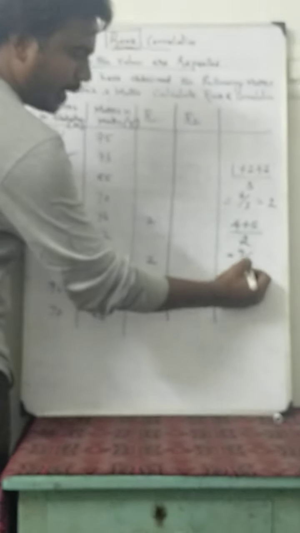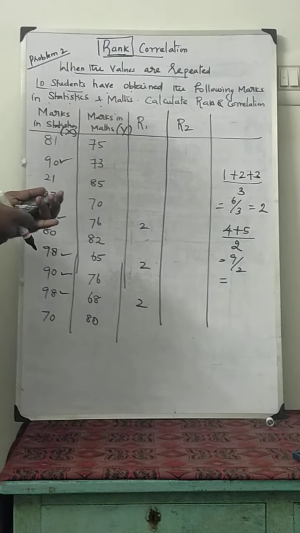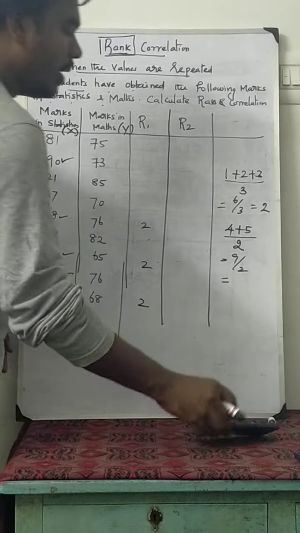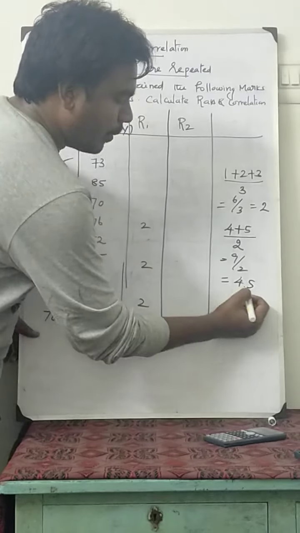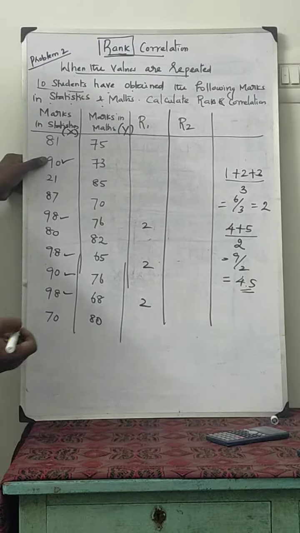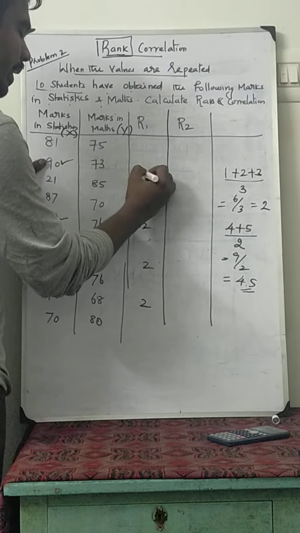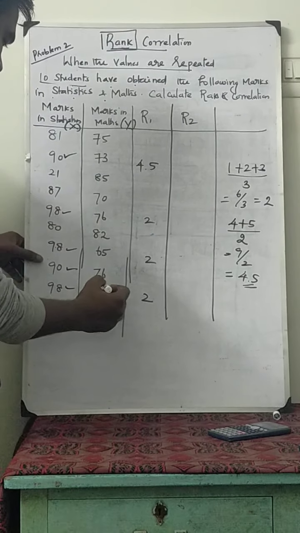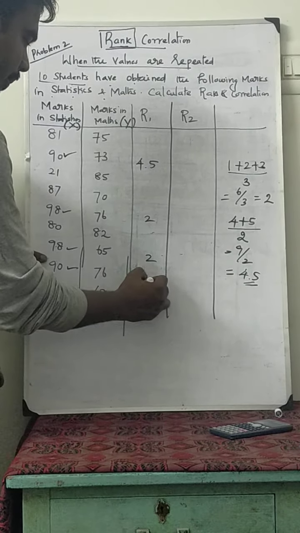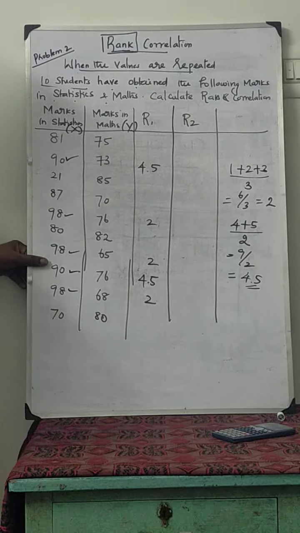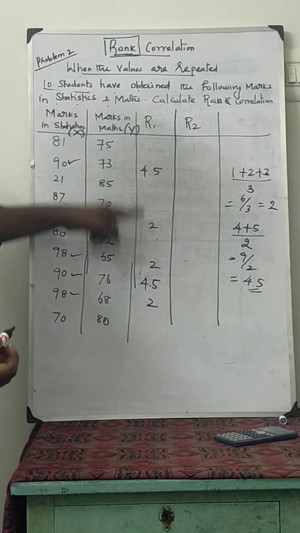So 9 divided by 2 gives 4.5. So 4.5 is the rank we assign for 90. Now we have assigned 5 ranks.